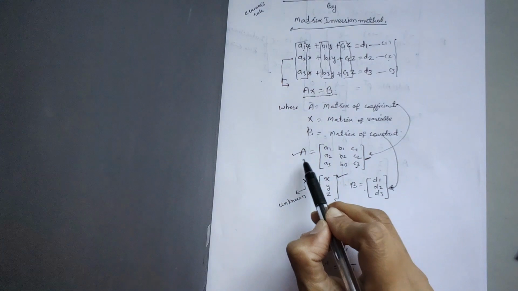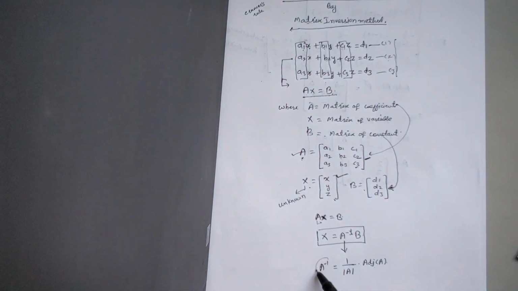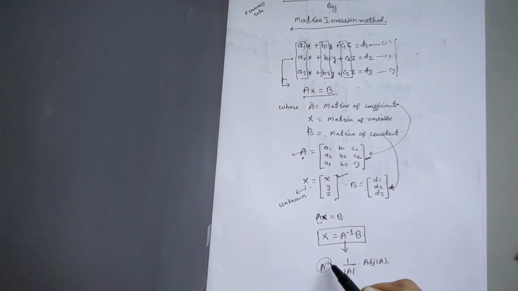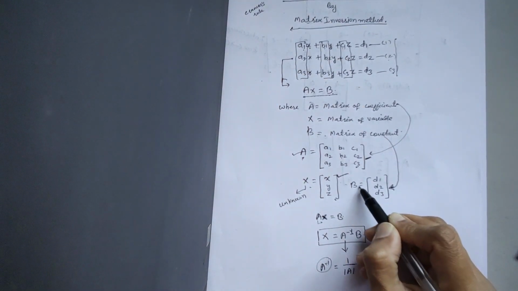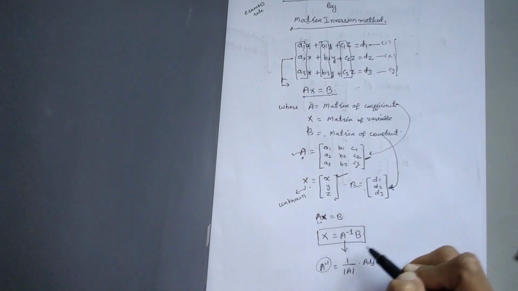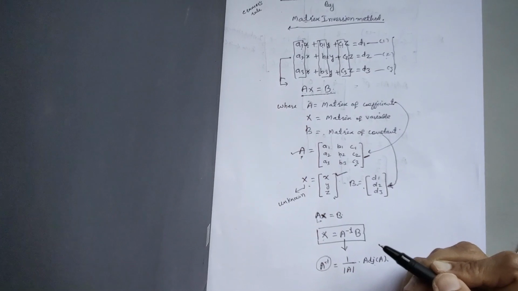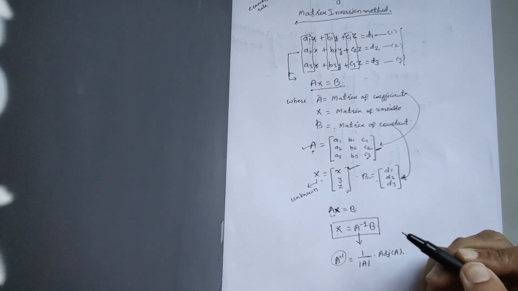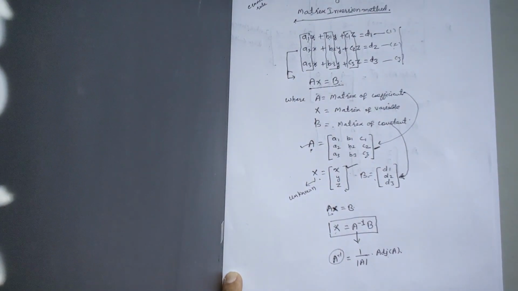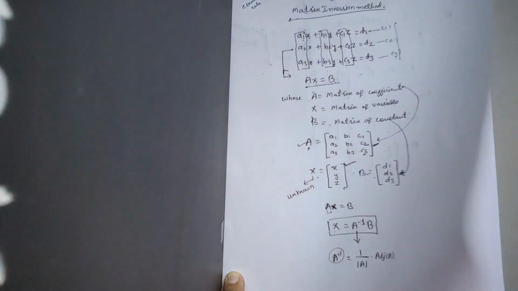Then from this matrix find A inverse by using the adjoint method, and then multiply this A inverse with the constant matrix B, and whatever result comes is nothing but the unknown matrix. So let's solve one example so you will understand well how we are going to solve this.